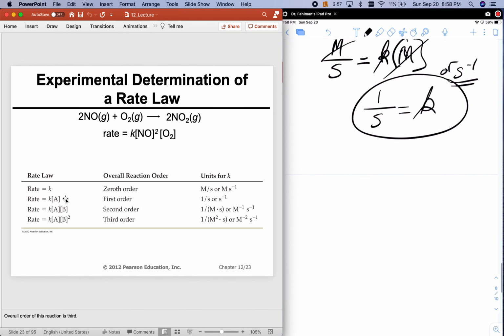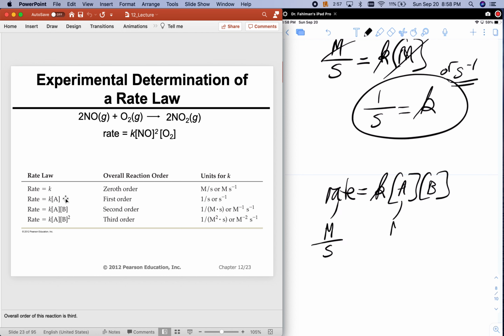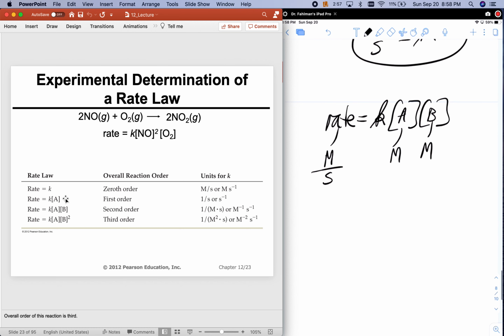And then for second order, like this for instance, rate is concentration per time, and this is concentration squared. Essentially we are dividing both sides by M squared.